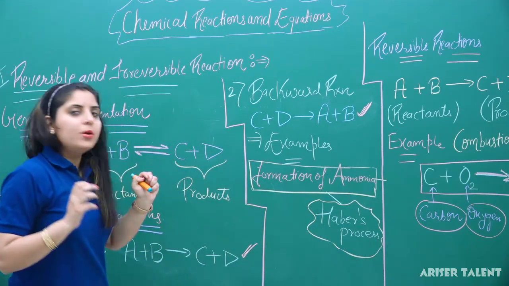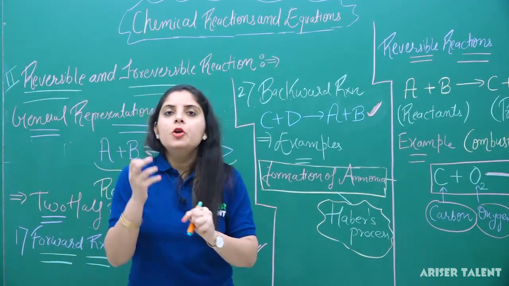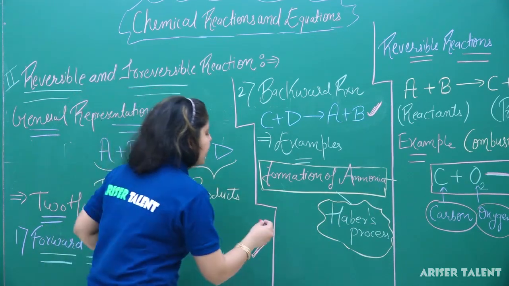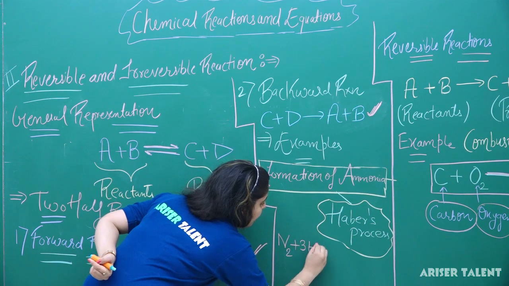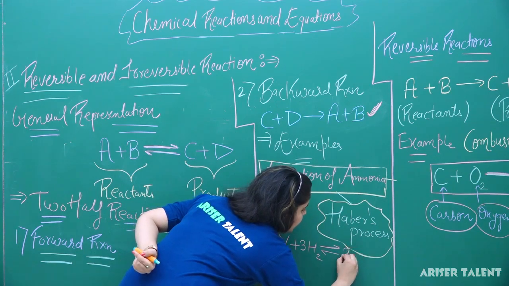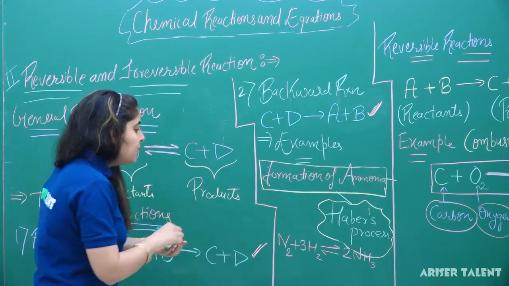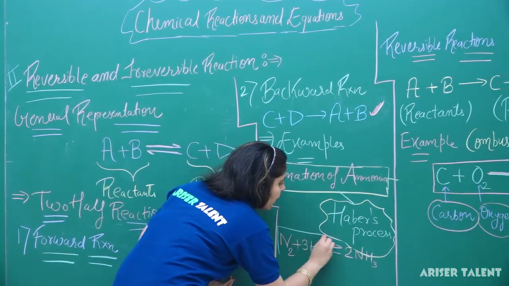Ammonia will be formed only when nitrogen reacts with hydrogen to produce ammonia gas. So the general equation for this reaction is N2 plus 3H2, proceeding in both directions, gives 2NH3. This is the general representation for synthesis of ammonia.